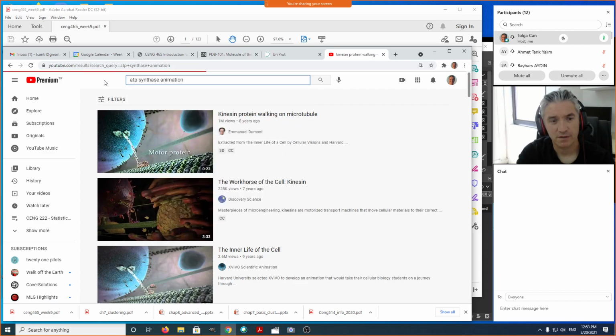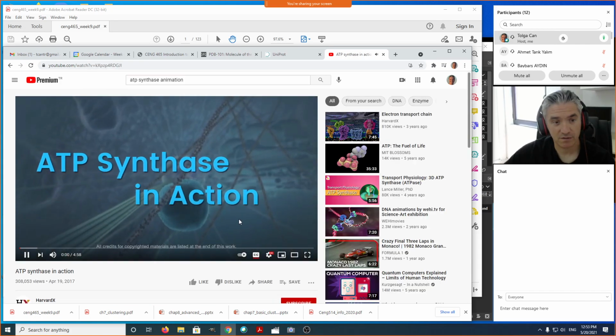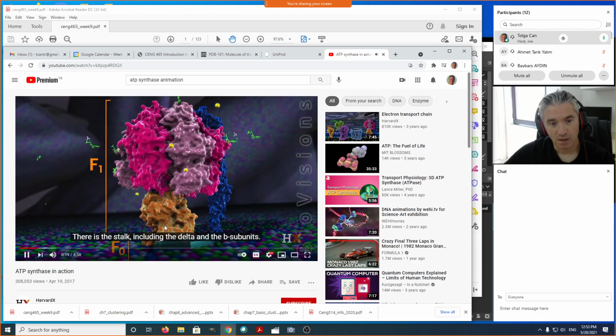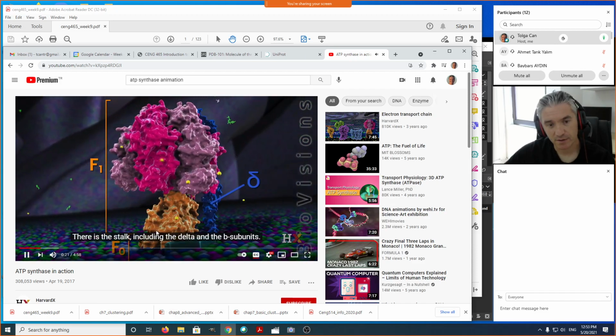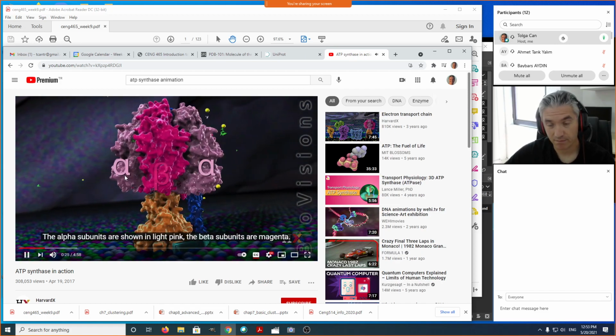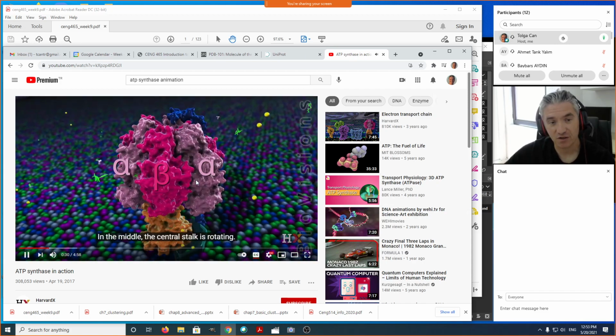Yeah, this is also nice. Look at this. These are really big macromolecular structures in the membrane. There's the stalk, including the delta and the B subunits. The alpha subunits are shown in light pink. The beta subunits are magenta. In the middle, the central stalk is rotating.